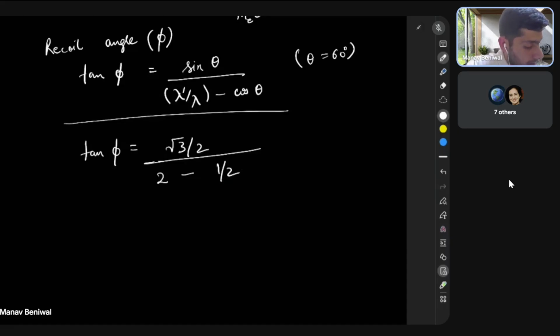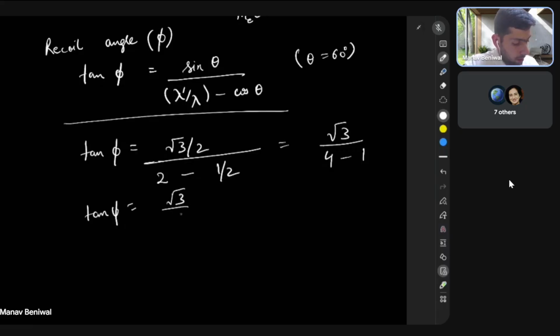Okay, so we can simplify this to root 3 over 4 minus 1. So our tan phi is root 3 over 3, or 1 by root 3.